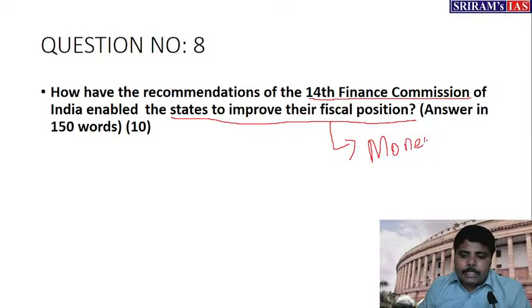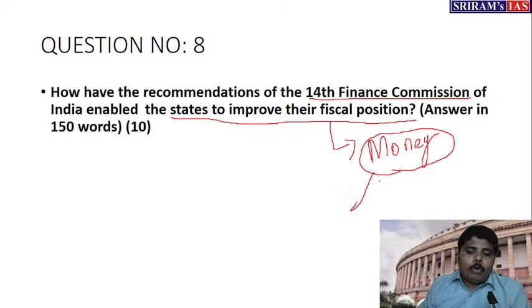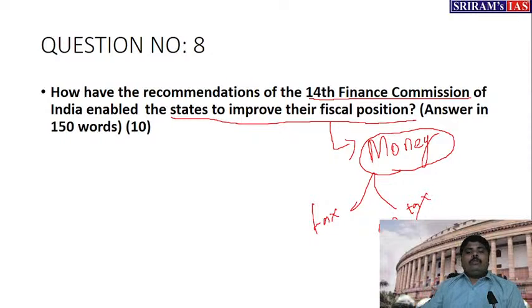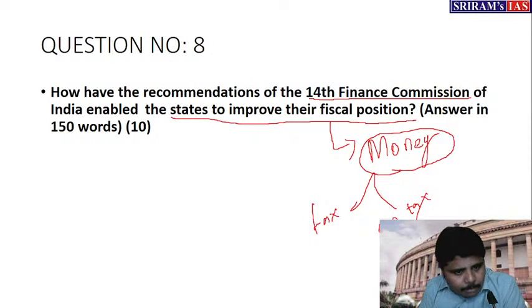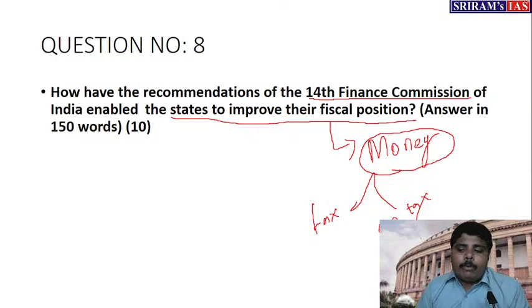Fiscal policy means something relating to money in the financial year. Money can be obtained via two means: tax-based income and non-tax-based income. All those things are possible. So how is the finance commission helping the states improve their fiscal position?